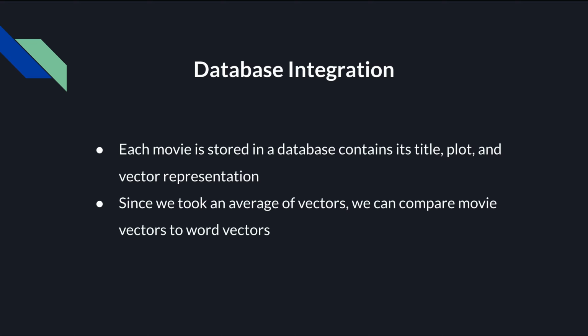Once each movie was represented as a single vector, the next step was integrating those representations into a database. Each movie was stored in a relational database with its plot description and the computed vector representation. Because the movie vectors are created by averaging word embeddings, they live in the same space as individual word embeddings, meaning they have the same amount of dimensions.